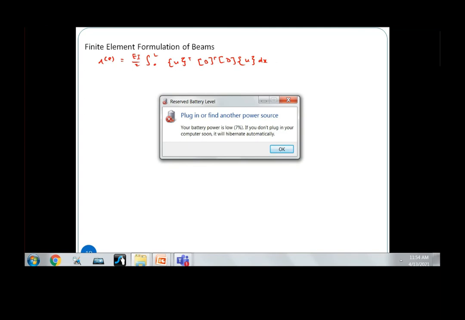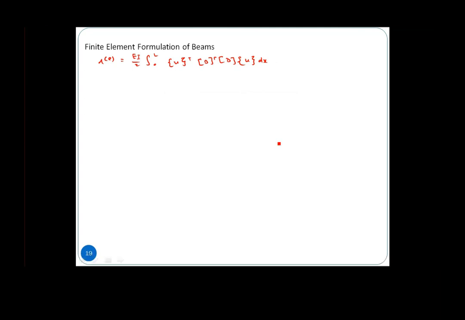So if we expand the entire thing, of course, it can be written as EI over 2, integral from 0 to L, of (UI1 DI1 plus UI2 DI2 plus UJ1 DJ1, okay, or either way, then plus UJ2 DJ2) squared, dx.